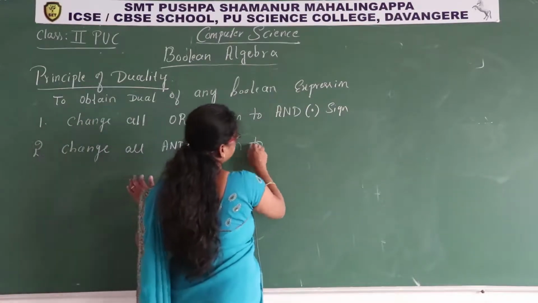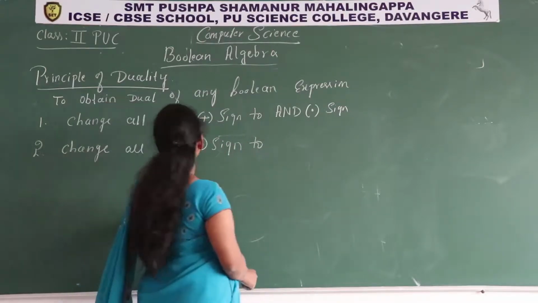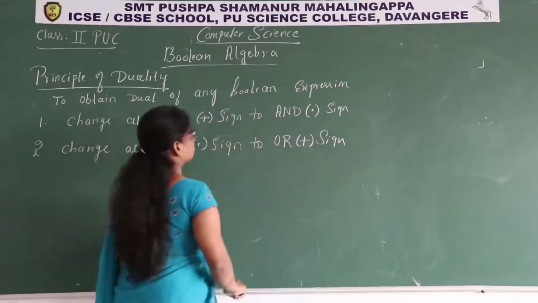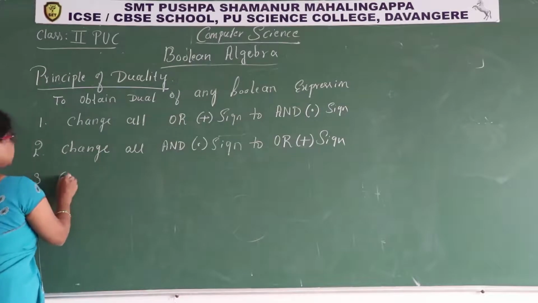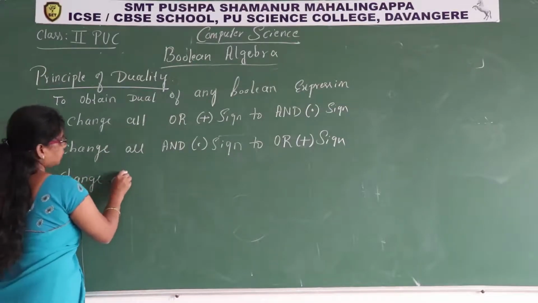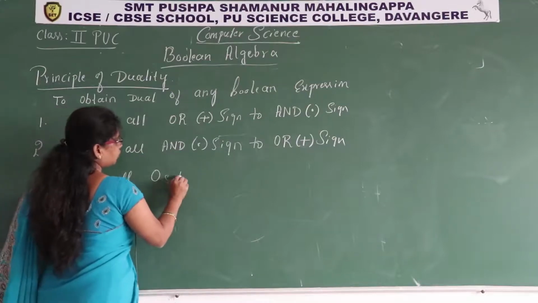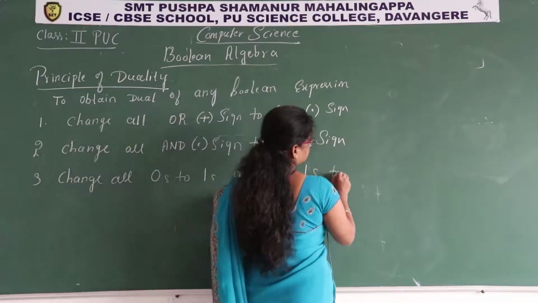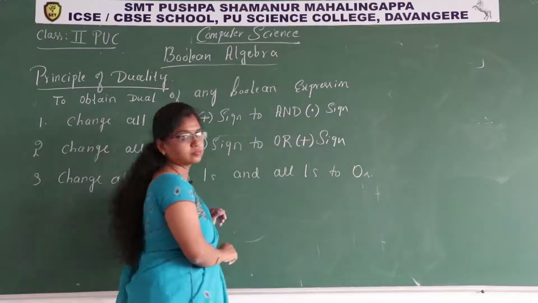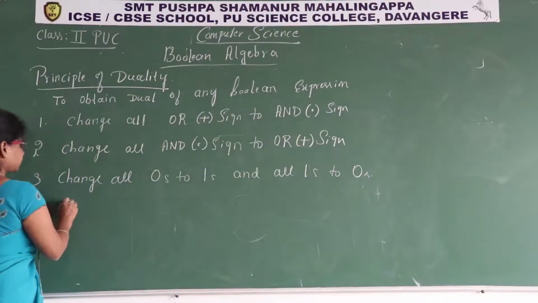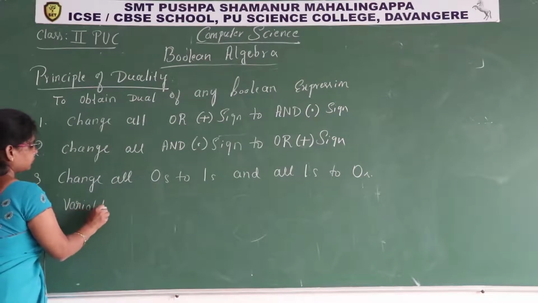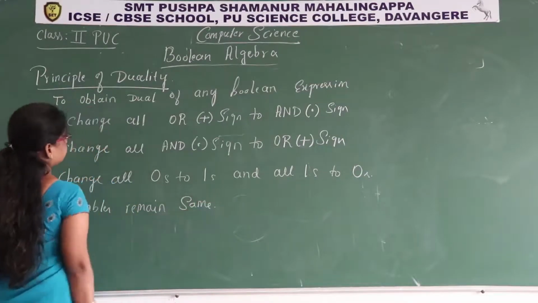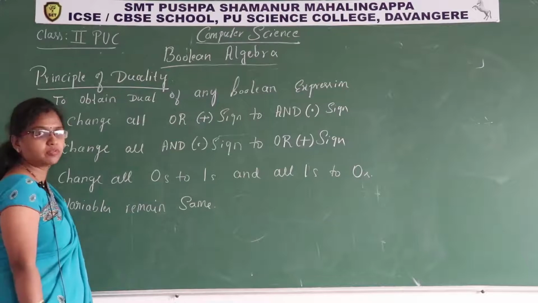You can write in a single statement. For 3 mark, you have to write 3 steps, 3 explanation. Change all zeros to ones and all ones to zeros. Variable remains same. So this is the rule of principle of duality.